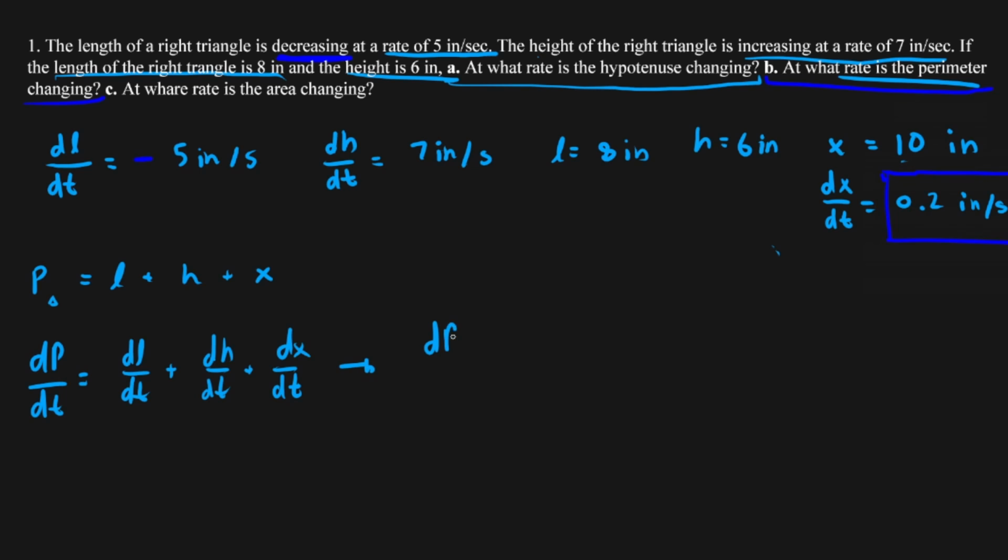So we don't know dP/dt, but we do know dL/dt is -5, so we have -5 plus dH/dt, which is 7, plus dx/dt, which is 0.2.